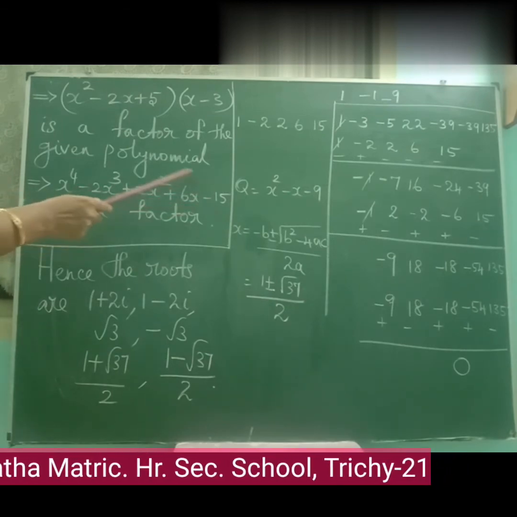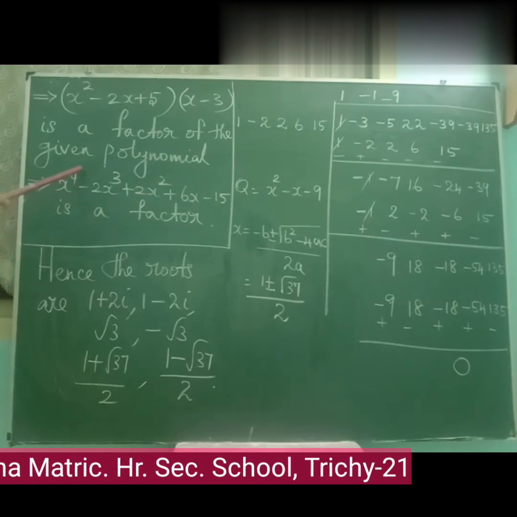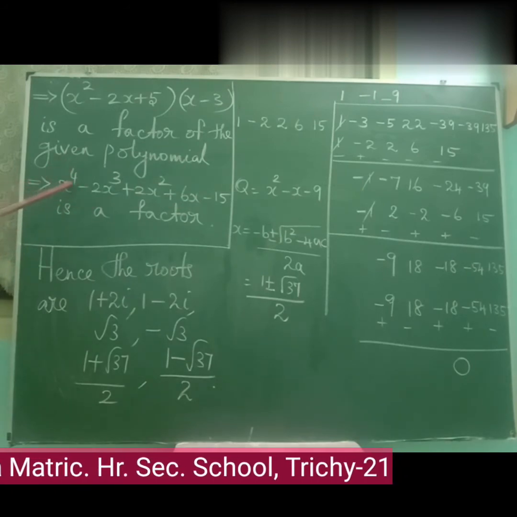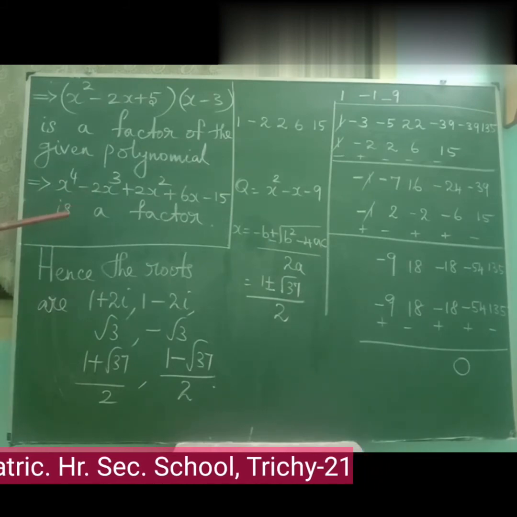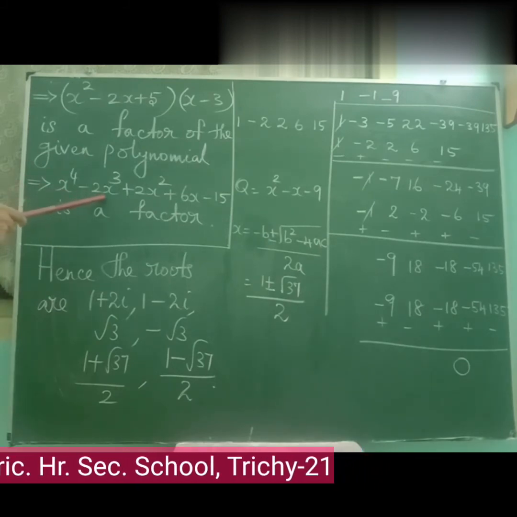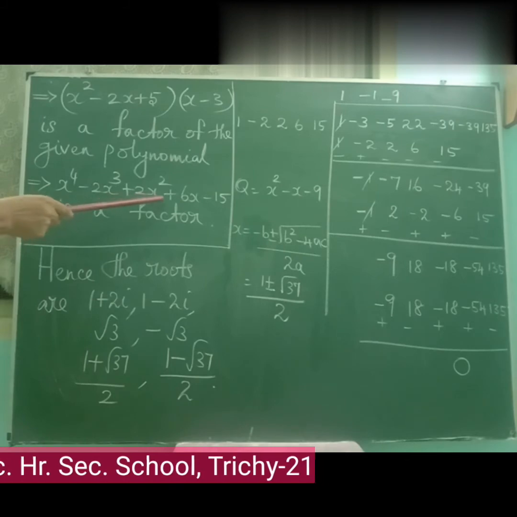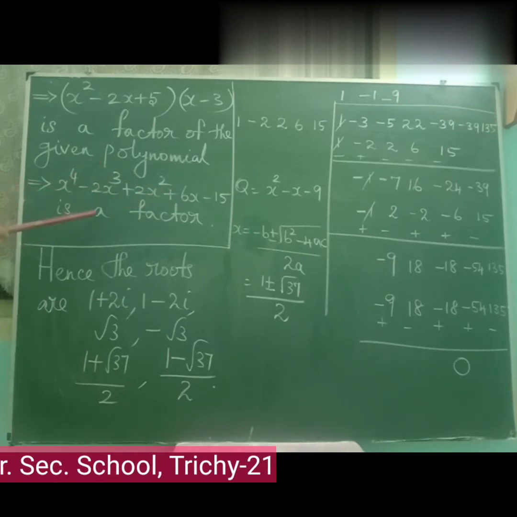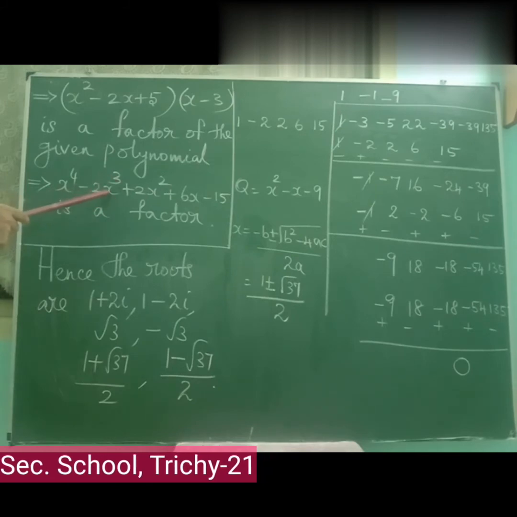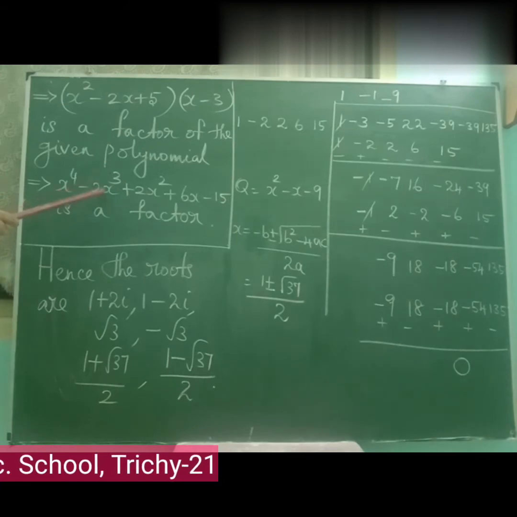So now we have one factor which has power 4, and the remaining two roots we have to find. Since this is a factor of the given polynomial, we can divide the given polynomial by it and find the quotient.